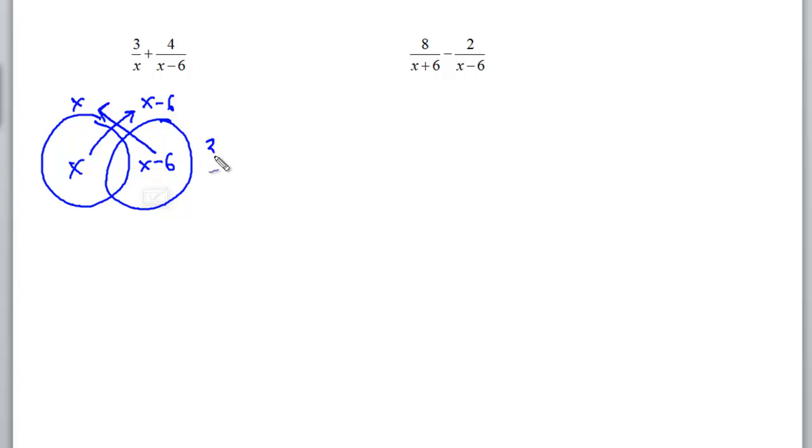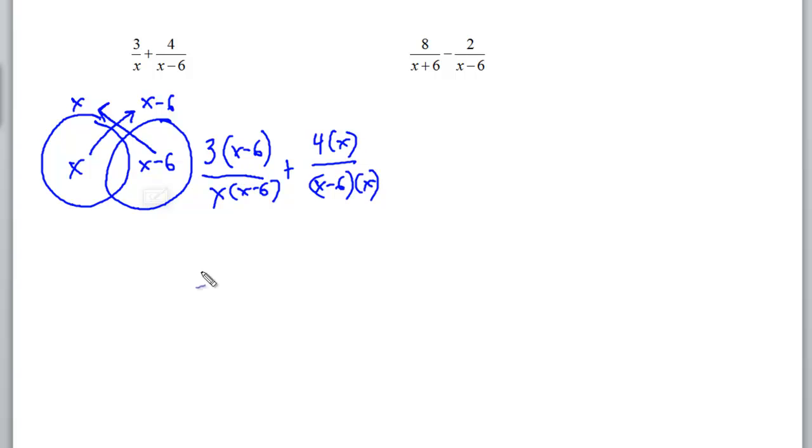So 3 times x minus 6 over x times x minus 6 plus 4 times x over x minus 6 times x. Now I can take my numerator and put those together: 3 times x minus 6 plus 4x over x times x minus 6.